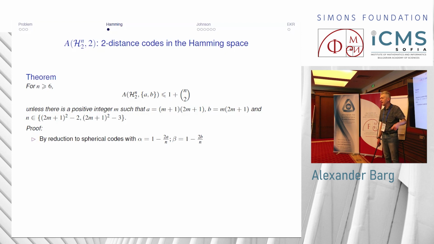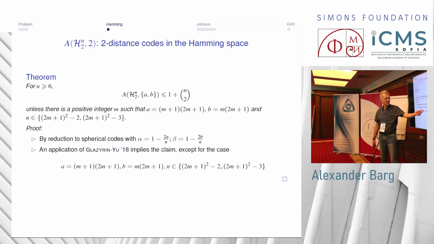So it's a bit complicated to absorb, but this comes from a work on spherical 2-distance sets. So what we do, we take our binary code, we put it on the sphere, as has been done today already more than once. And then we look at Glazyrin and Yu, 2018, where they established the maximum size of spherical 2-distance codes.